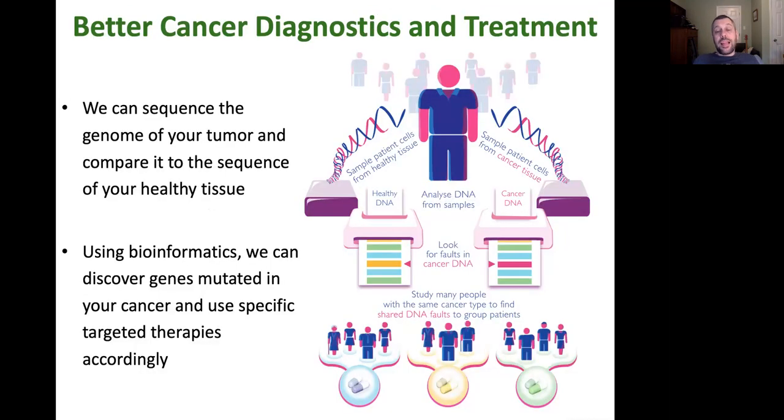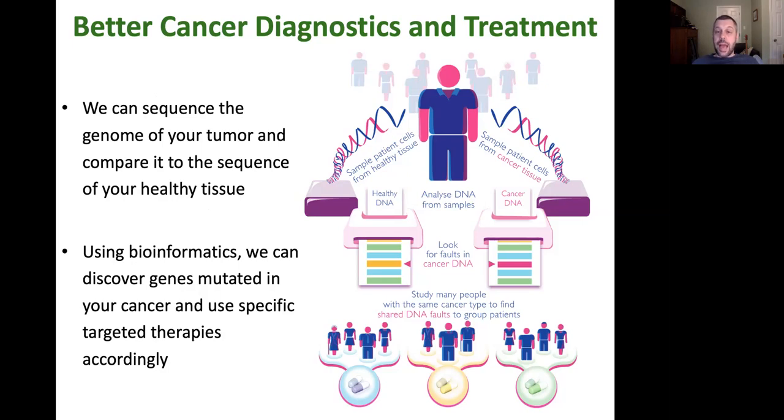The last thing I'm going to talk about in terms of this is better cancer diagnostics and treatment. There's a couple of examples that I'm going to show you of the way genetics can help us out in this field. Basically what you're looking at here is an individual that has some kind of cancer.